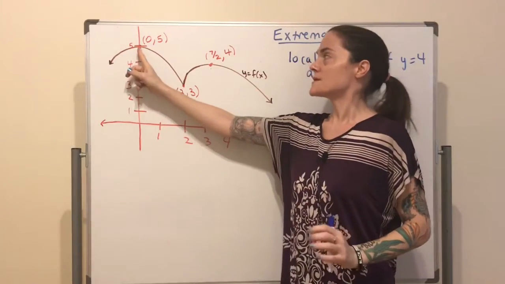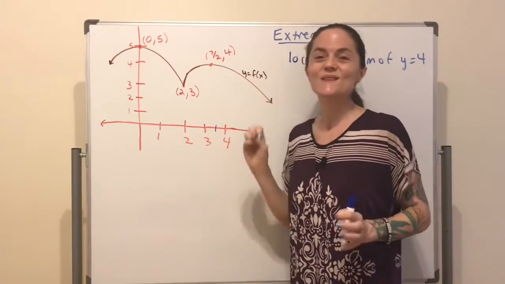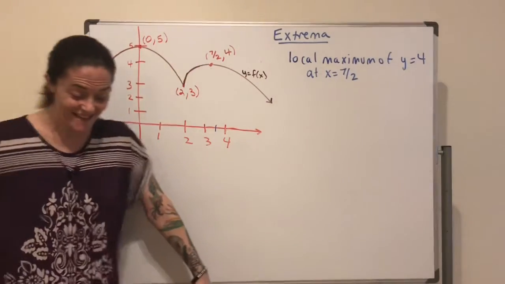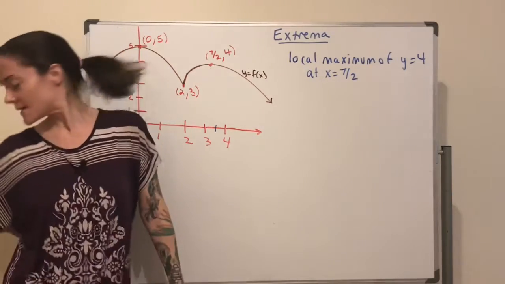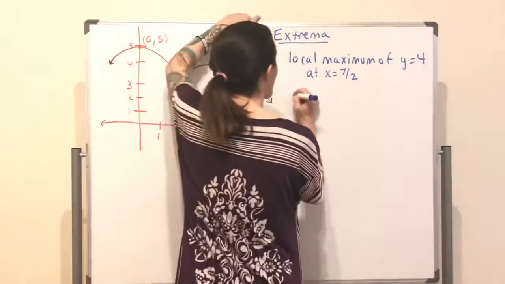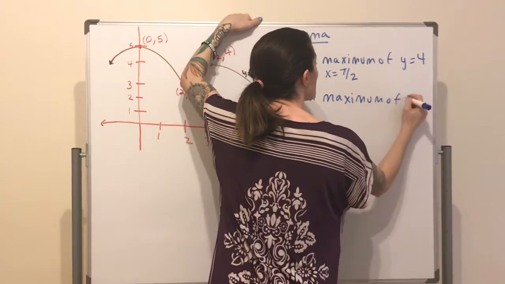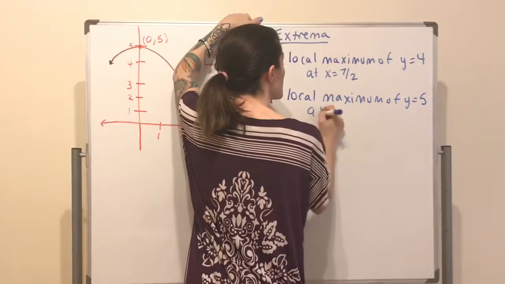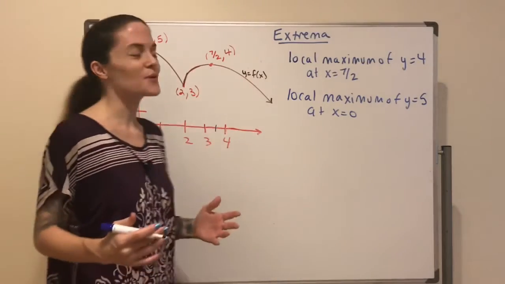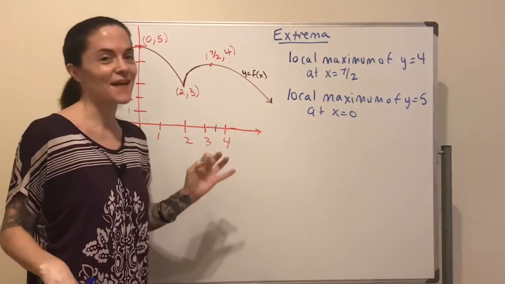Now, of course, this point, which is the highest overall y value, y equals 5, this is also a local max. Because if you stand here at the point, now I'm blocking it. If you stand here at 0, 5, you look on either side, the function value is less. So we also have a local max of y equals 5 and it occurs at x equals 0. Okay, now these are the only two local maxima in the picture, but this point 2, 3 is another special point.